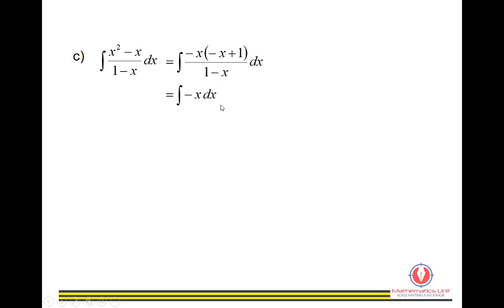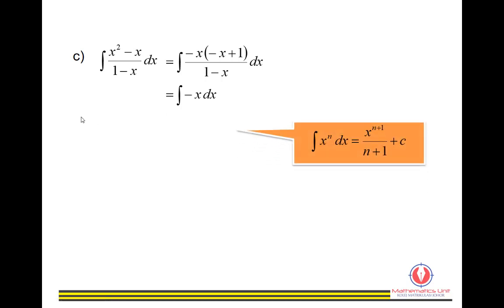Integrate negative x dx. By using the power rule again, integrating negative x dx, we get negative x to the power of 1 plus 1 over 1 plus 1 plus c. Then the final answer is negative x squared over 2 plus c.